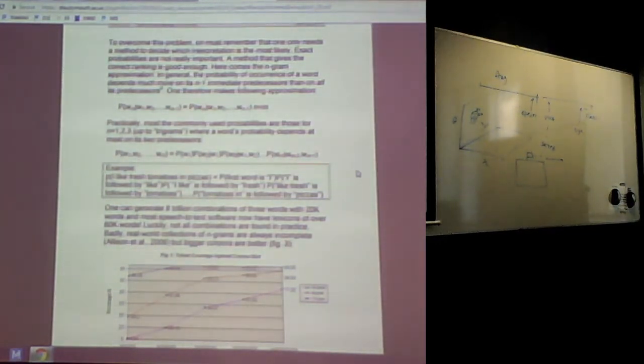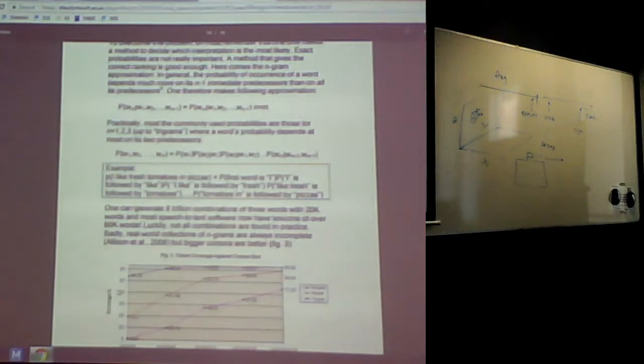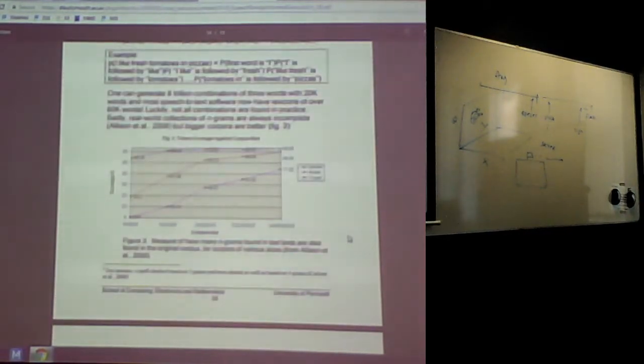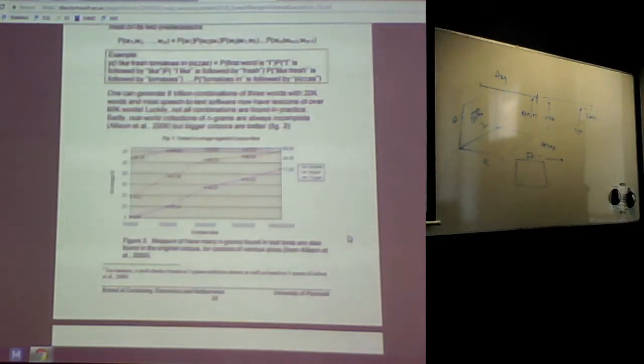And obviously it's a bit of a problem, but let's look here at the coverage. So suppose you take a corpus of 1 million words. Is that a lot?